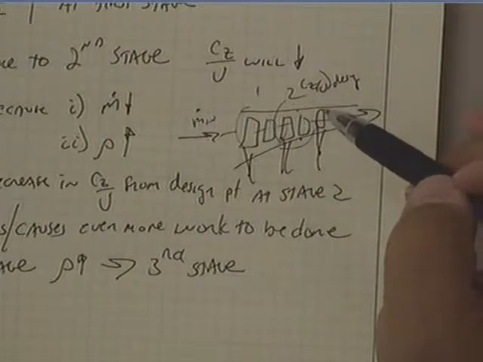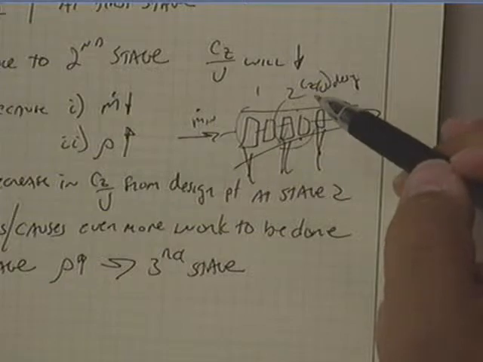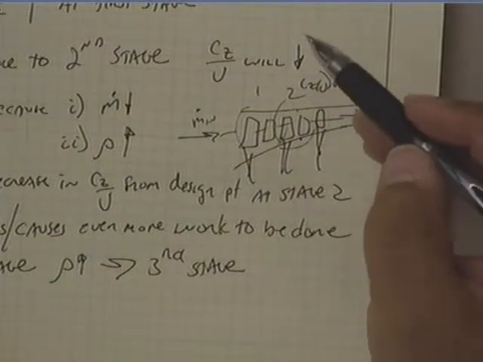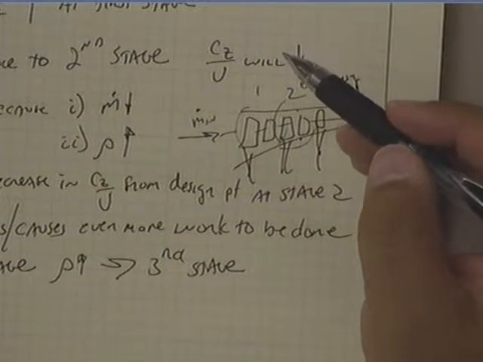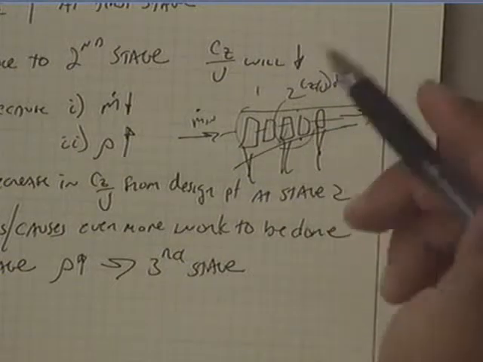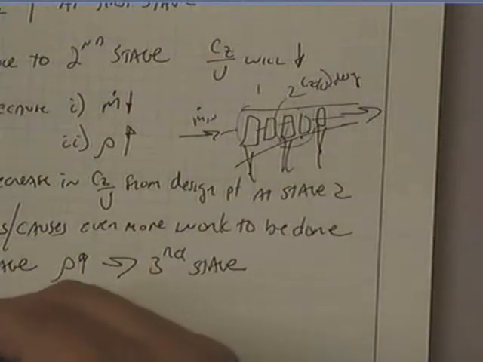What is the implication of this? The implication of this is that I'm going to end up having an even further adverse pressure gradient, okay? And I'll most likely separate.